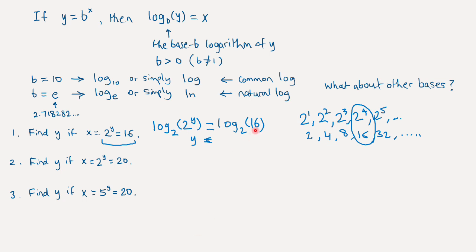We're looking for the power of 2 that would give us 16. And so the answer here is that y is equal to 4, because 2 to the power 4 is equal to 16.